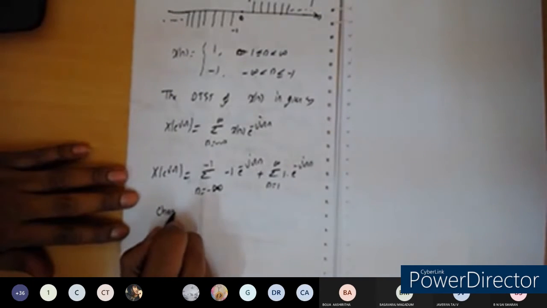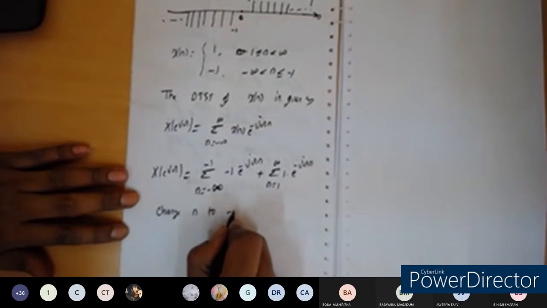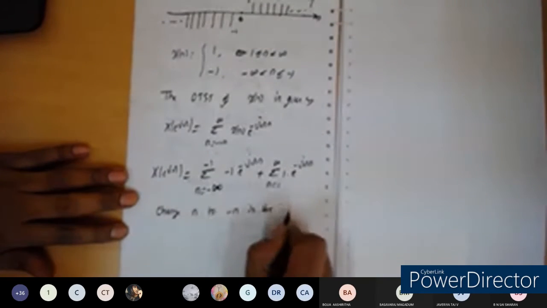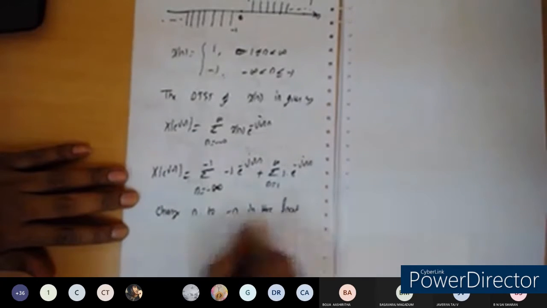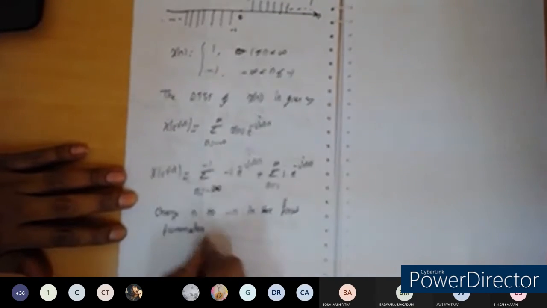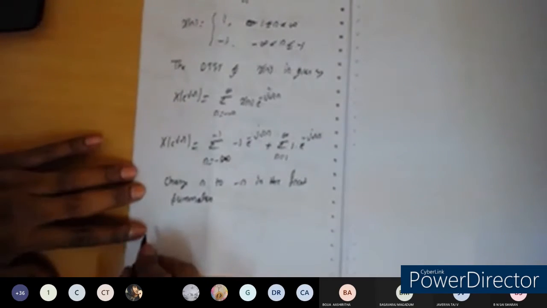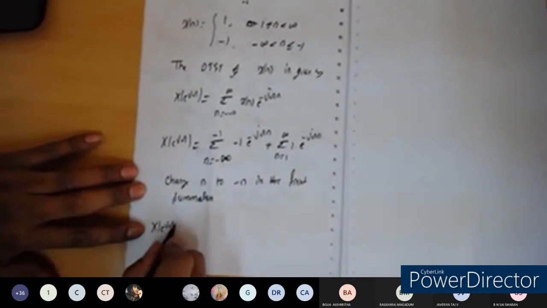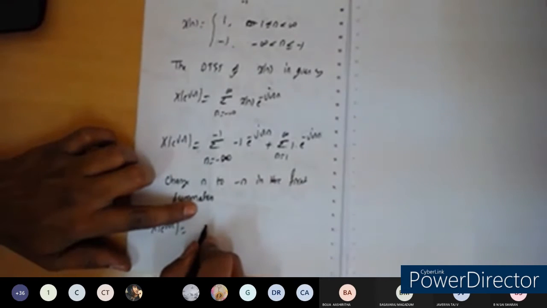Then X of e to the power of j omega will become the summation n equal to 1 to infinity.